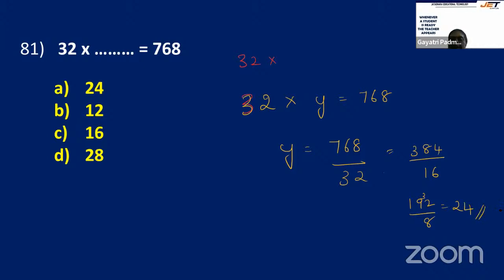So it should be 24. If you divide 768 by 32, your answer should be 24. Let's see the answer. Yes, it is perfect. If you had opted for option A, then your answer is right.